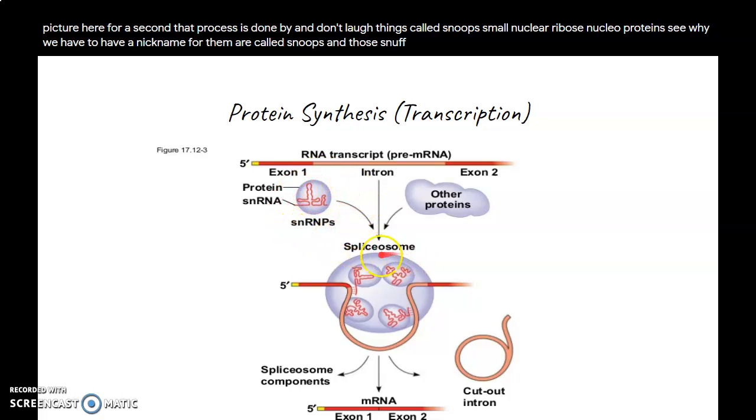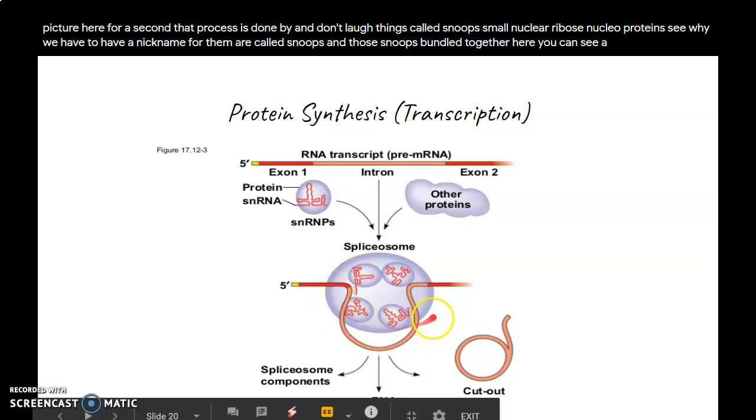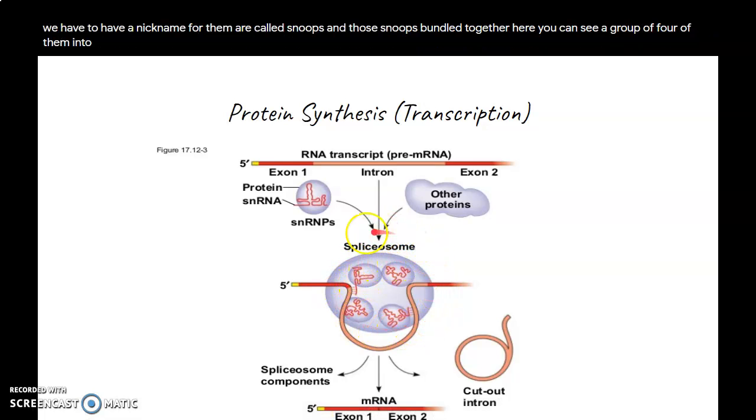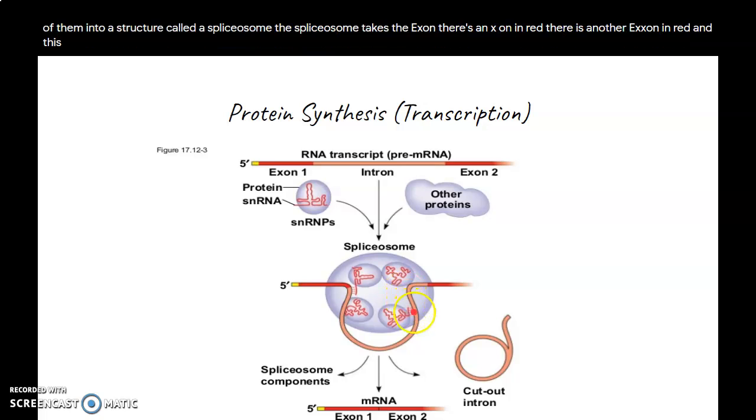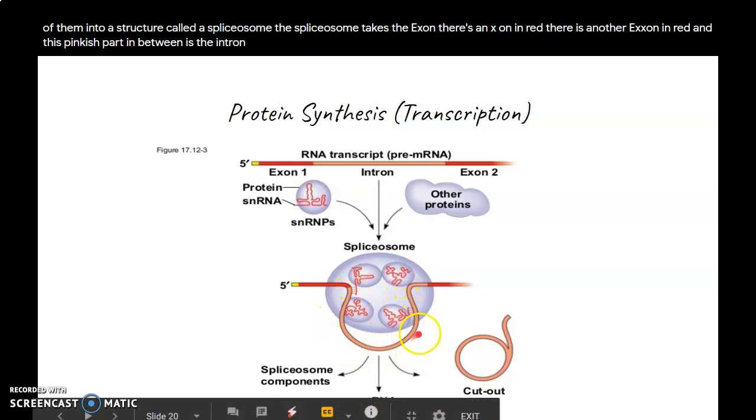And those SNRPs bundle together, here you can see a group of 4 of them, into a structure called a spliceosome. The spliceosome takes the exon, there's an exon in red, there's another exon in red, and this pinkish part in between is the intron, and you can see what's starting to happen.